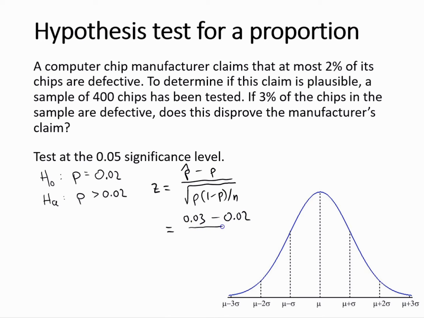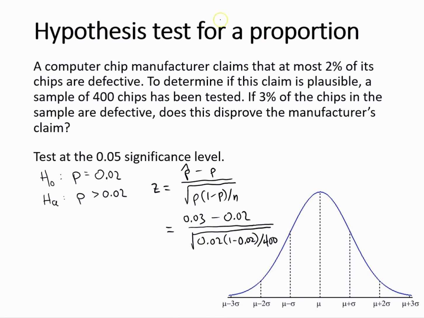P is the 0.02 from the null hypothesis. And n is our sample size, in this case 400. All of that goes under our radical sign. So now we just can use any calculator to compute that test statistic.